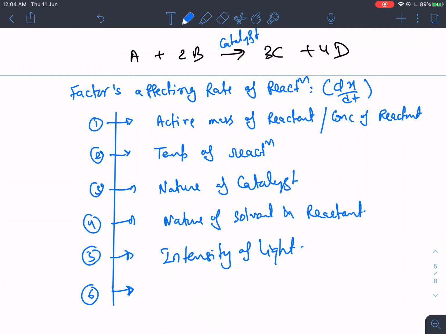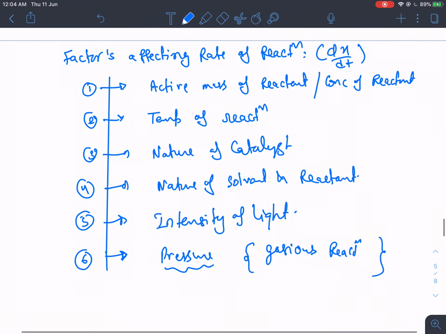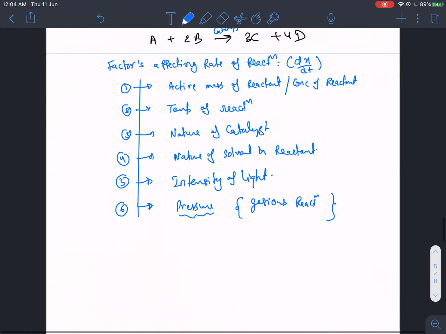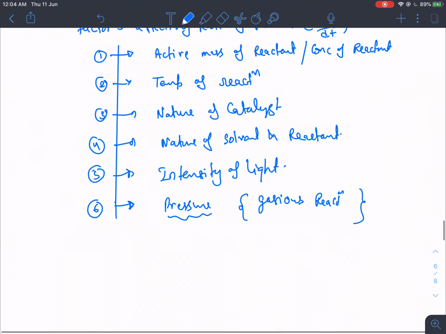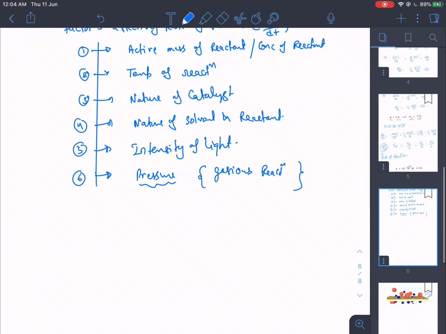Now one of the very important things is pressure. This pressure affects gaseous reactions a lot.